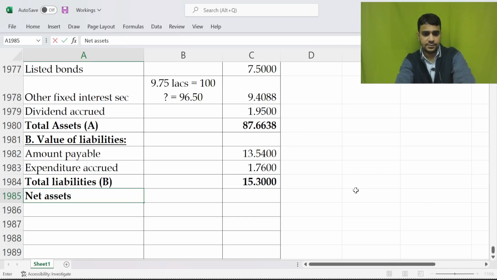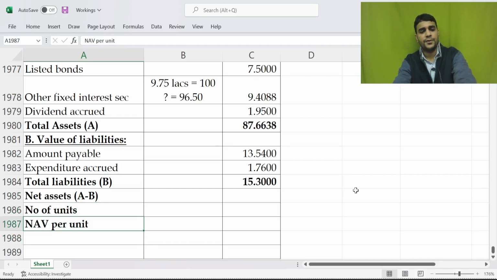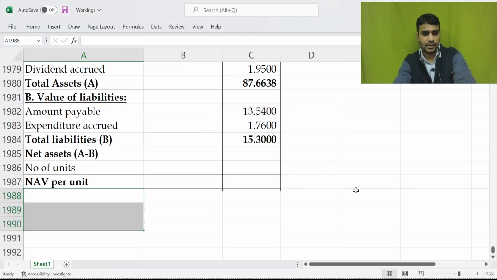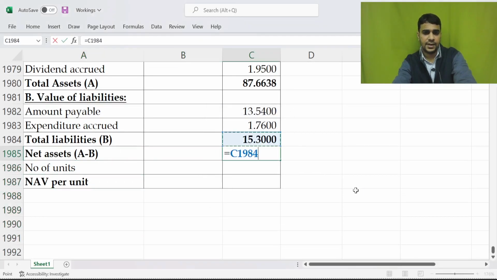Net assets, number of units and NAV per unit. Net assets is some 72 lakh rupees.